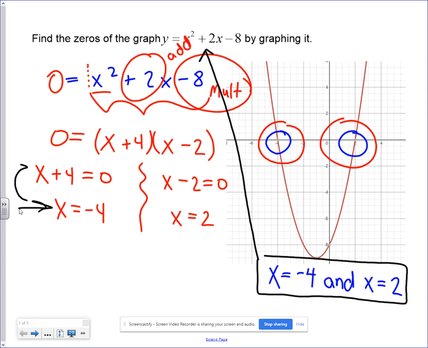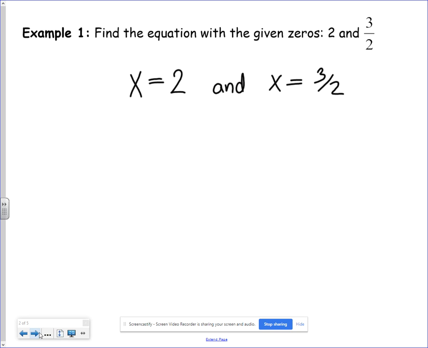So we want to write an equation that's equal to 0, that when we plug that value in for x, it makes the left-hand side 0. So x minus 2 is equal to 0. If you plug 2 in here, 2 minus 2 is 0.